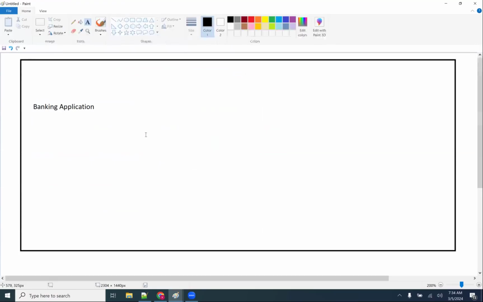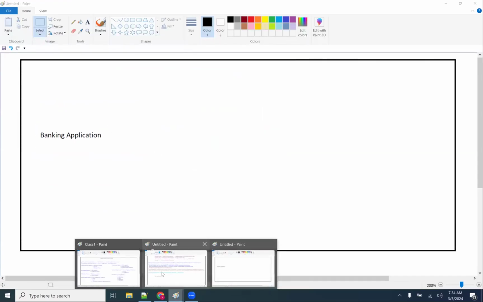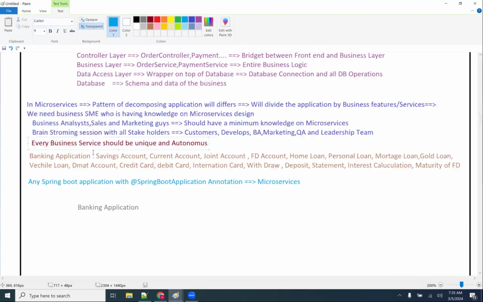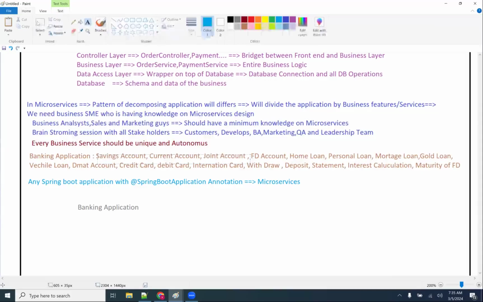Do I need to have savings account as one microservice, current account as one microservice, joint account as one microservice?